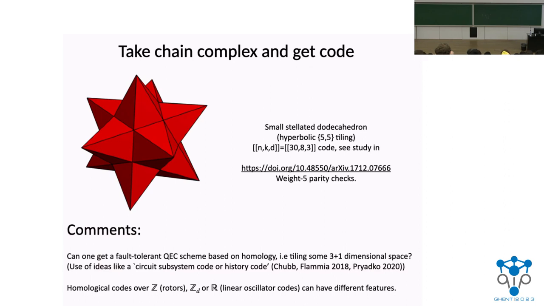And if you do, for example, Z, then you imagine that your Hilbert space, well, it's not a qubit, but it is what I call a rotor. It's just an integer, any integer in Z, right? So it's an infinite dimensional space, but maybe you want to use only part of it.